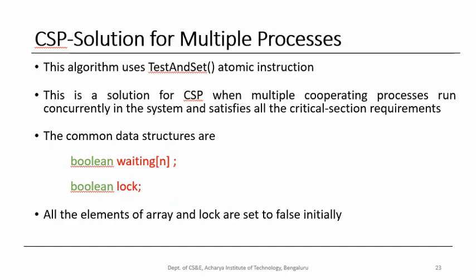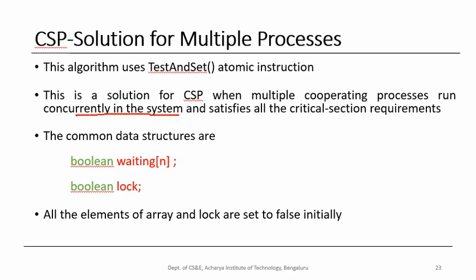Now this algorithm uses the test and set instruction, which could be atomically executed by disabling the interrupts. Now this is a solution for the critical section problem when multiple cooperating processes run concurrently in the system.